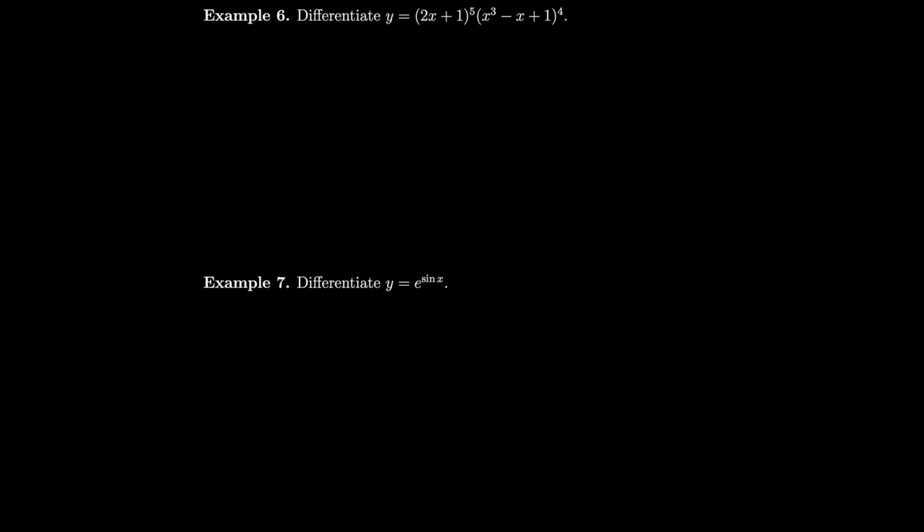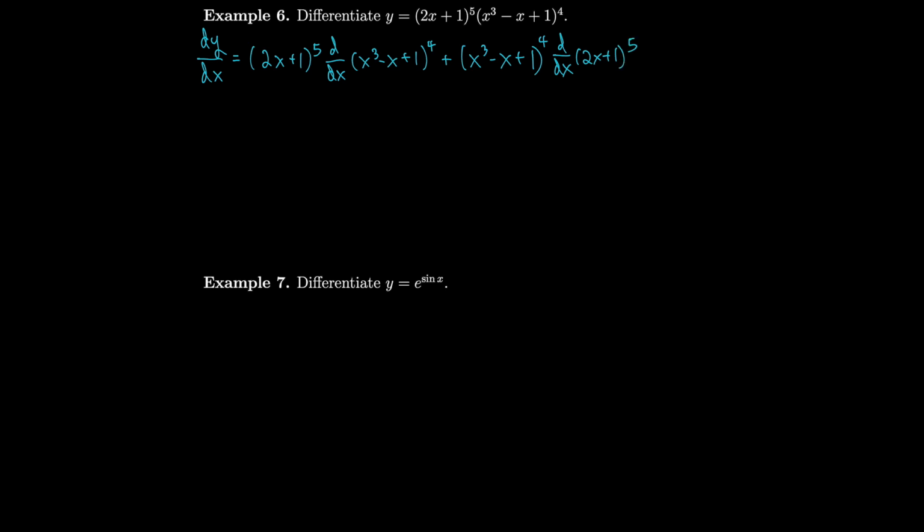Okay, let's differentiate this mess. So before we had to use the quotient rule, looks like we have to use the product rule now. So this is 2x plus 1 to the 5th times the derivative of x cubed minus x plus 1 to the 4th plus x cubed minus x plus 1 to the 4th times the derivative of 2x plus 1 to the 5th.